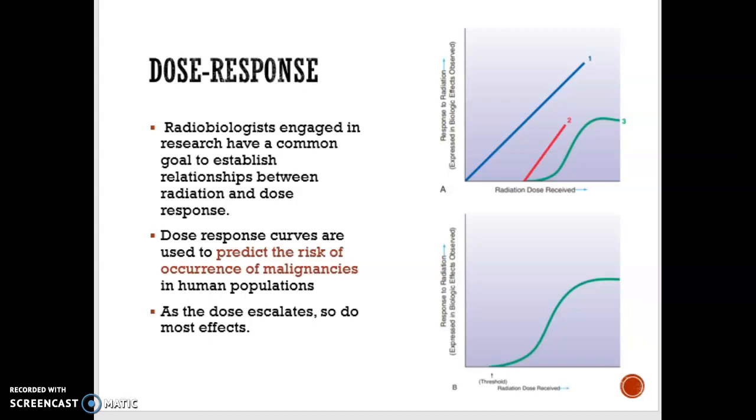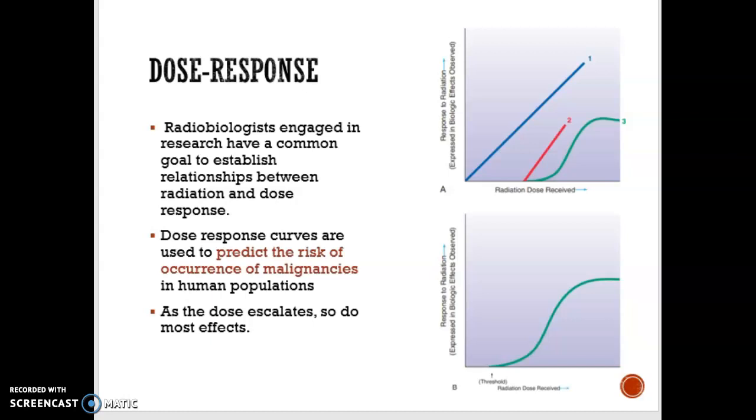In such a dose-response curve, the variables or numbers are plotted along the axes of the graph to demonstrate the relationship between the dose received and the biological effect observed, which is on the vertical axis. Now, the curve is either linear, a straight line, or it is non-linear, which is curved to some degree, and it depicts either a threshold dose or a non-threshold dose.